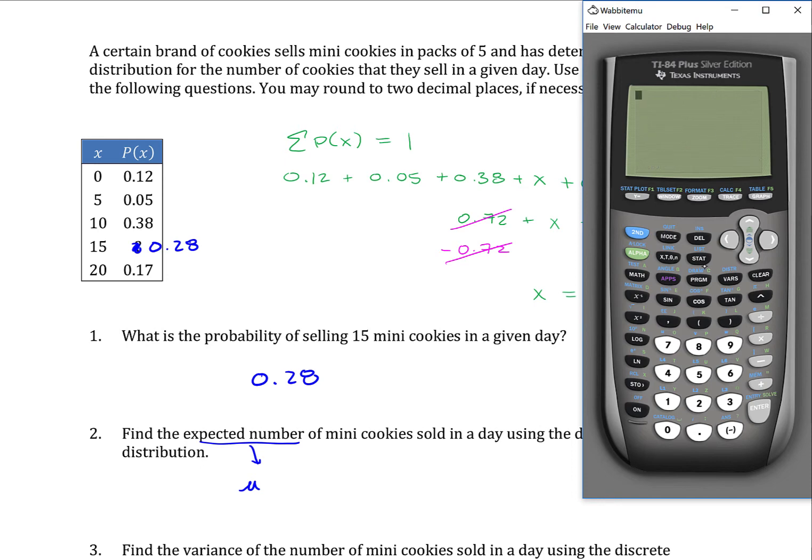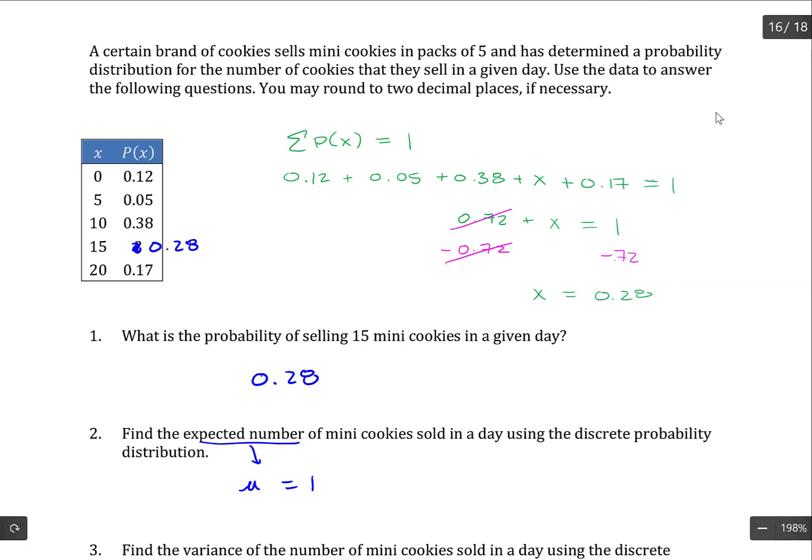Now, if I take the function OneVarStats and include L1, L2 at the end of that, it will take into consideration that I want weighted statistics and give me a weighted mean, which is what the expected value is, a weighted mean. So 11.65.